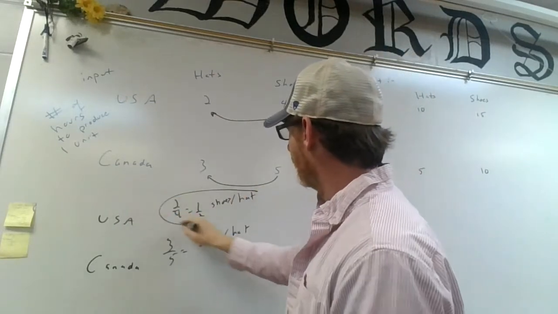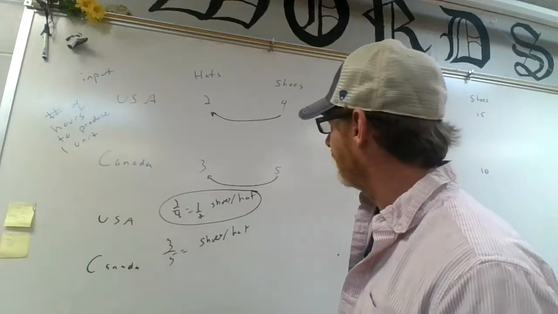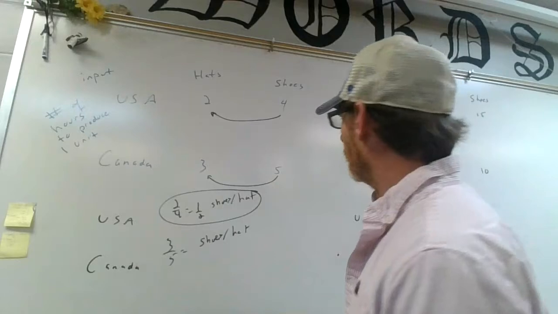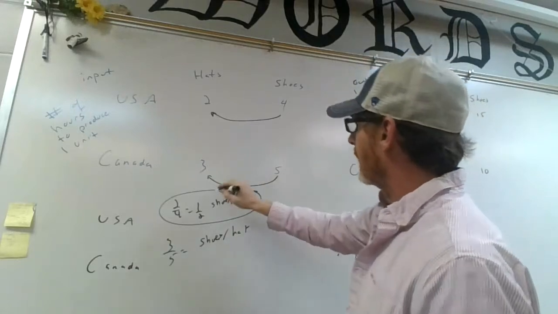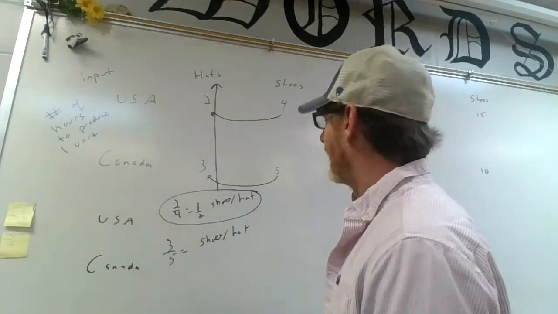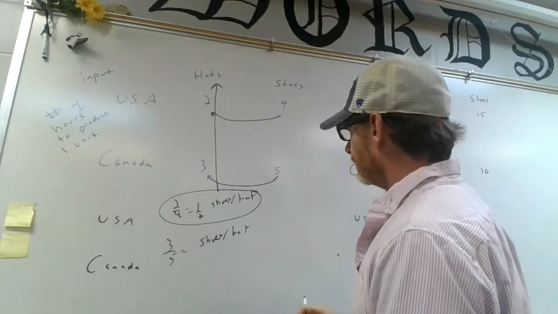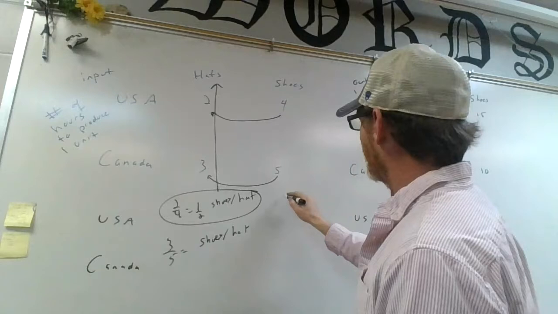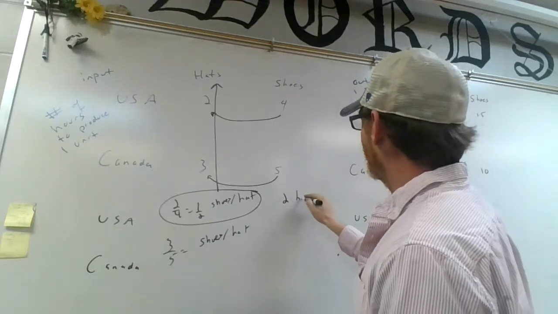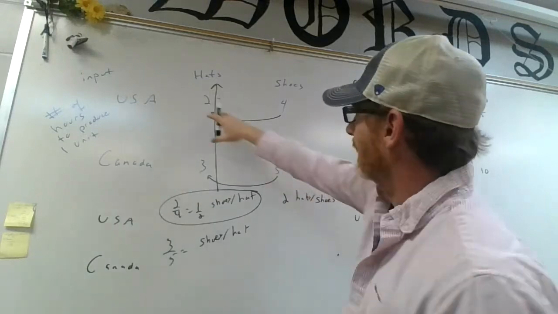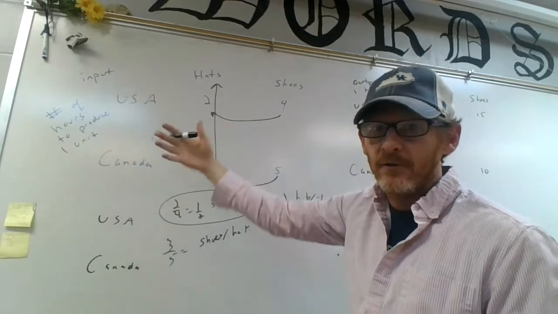So America is giving up only half of a shoe to make a hat, whereas Canada is giving up more than that. So America is giving up the least, so they'll do hats. So here, Canada, we do the reciprocal. So in this case, we can make 2 hats every time we could make 1 pair of shoes, right? Because we're making hats twice as fast, 2 hours instead of 4.